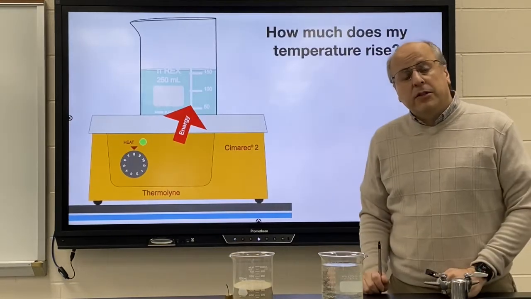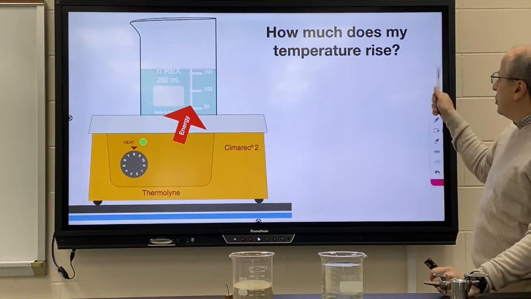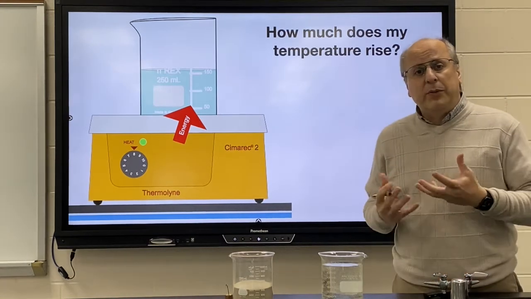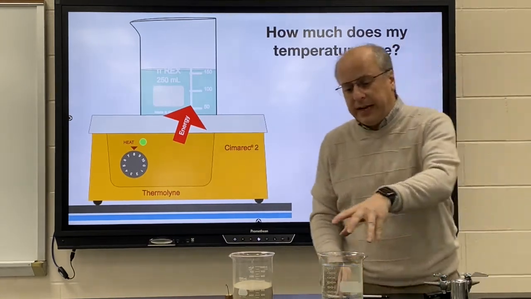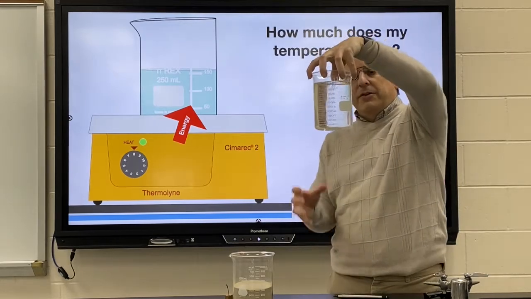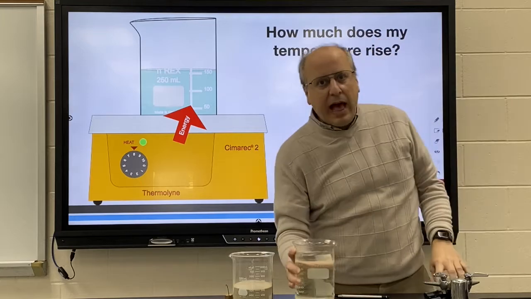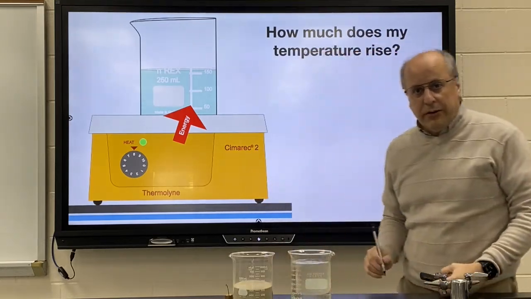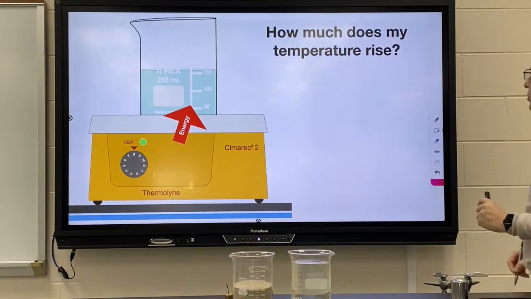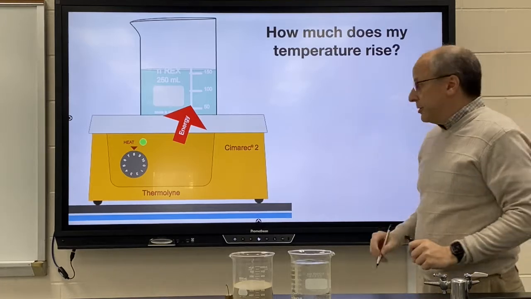So today we'd like to talk about how much the temperature rises when we add energy to an object. So if I had a container of water and I add a certain amount of energy, how hot is the water actually going to become? It depends on three factors.